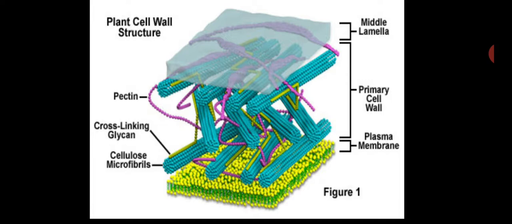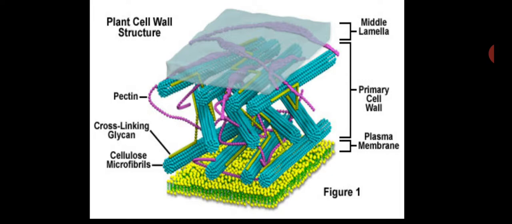No secondary cell wall is shown here, only the primary cell wall in the diagram: middle lamella, primary cell wall, and plasma membrane. In the primary cell wall, the cellulose microfibrils, hemicellulose, and pectin fibrils are shown arranged like a mesh-like network. So this is the cell wall arrangement.